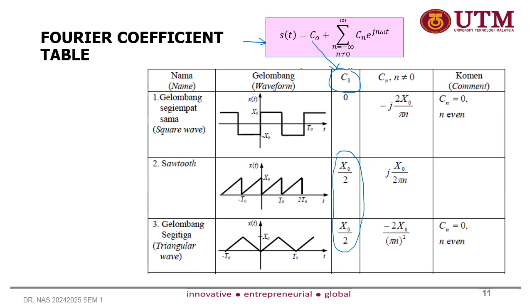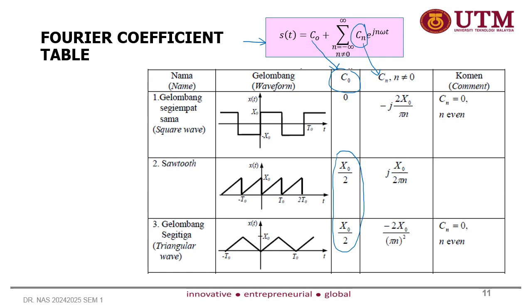The next column is the Cn equation, again based on the type of signal you have. And the last column represents the remark for each particular function.